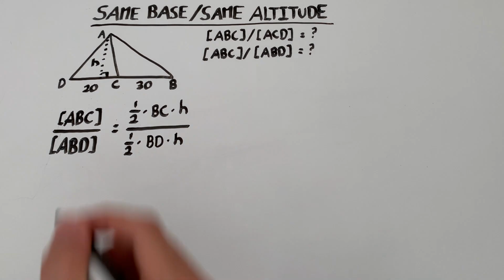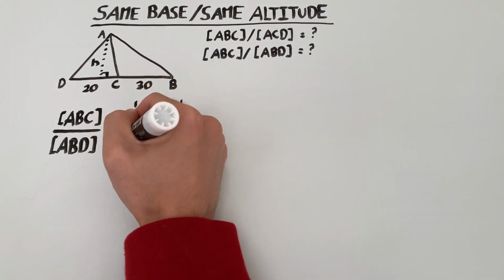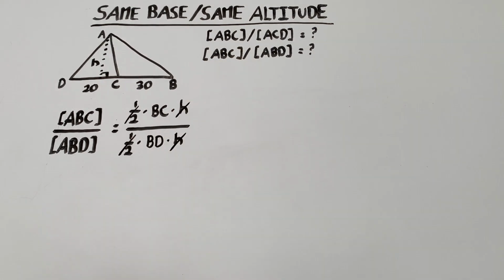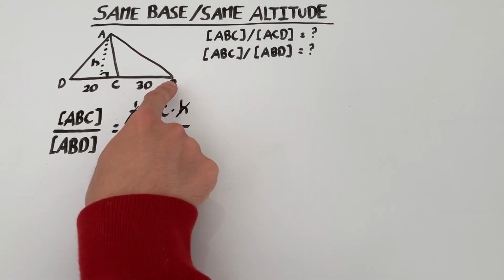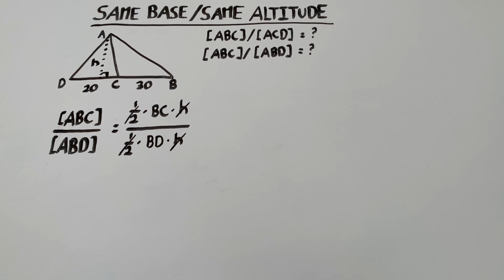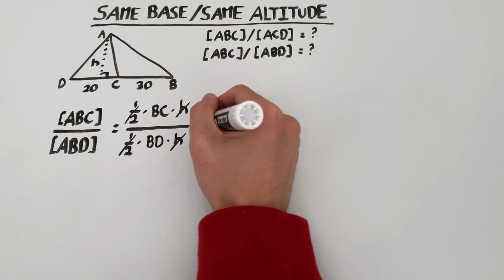And now we see the halves go away and the heights go away. So all we're left with is our bases. BC is 30, BD is this entire portion, 30 plus 20, which ends up being 50. So our ratio ends up being 30 over 50, which simplifies to 3 over 5.